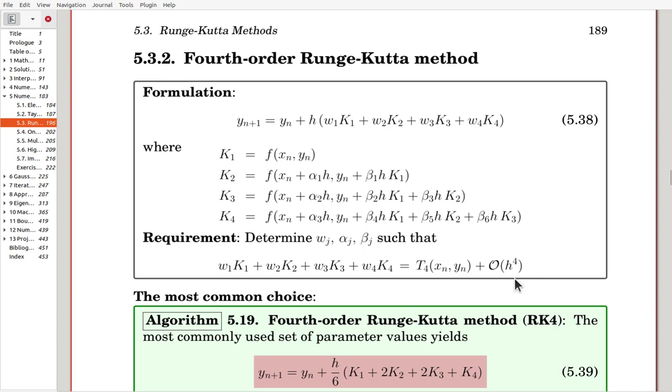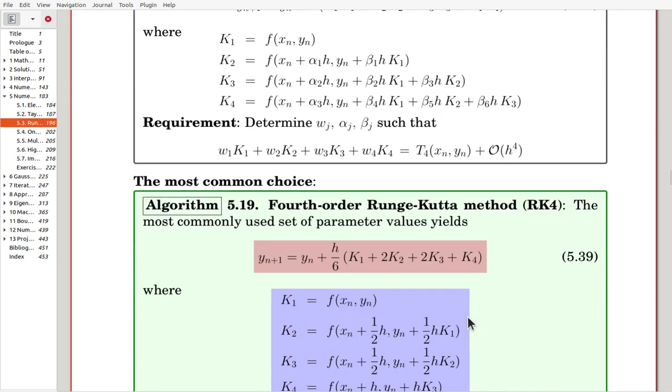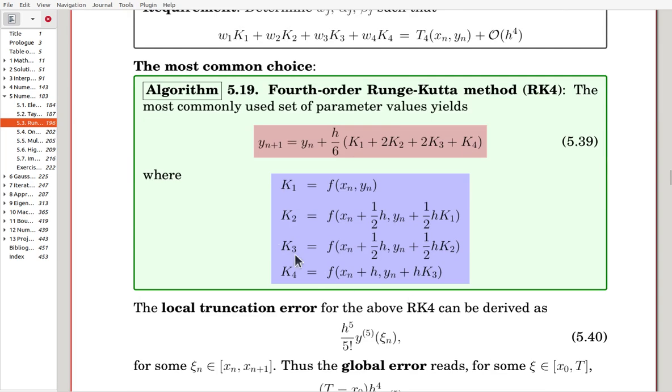Exactly the same way as for the second order Runge-Kutta method, we expand using Taylor series techniques and then match both sides, and we have to solve the nonlinear system and choose. The most common choice is given in this way. That is called the Runge-Kutta method of fourth order.